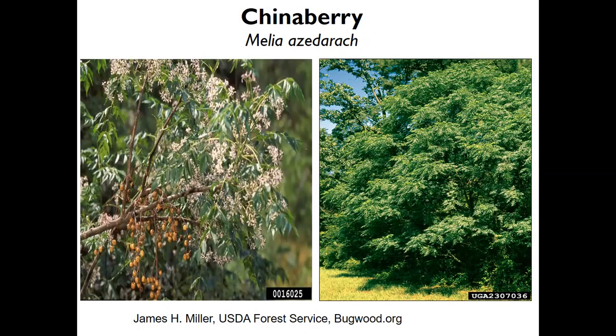Frequently, they can be seen growing along sides of the road and along wood fences. They produce purple lavender flowers in the spring, and if you look on the left, you can see the berries that are produced, and they're very visible on the trees during the winter months after it loses its leaves.